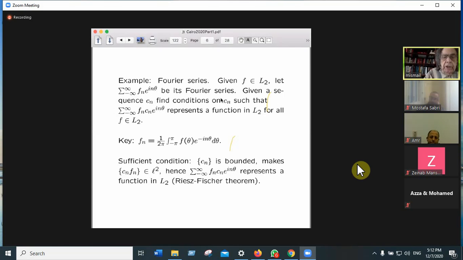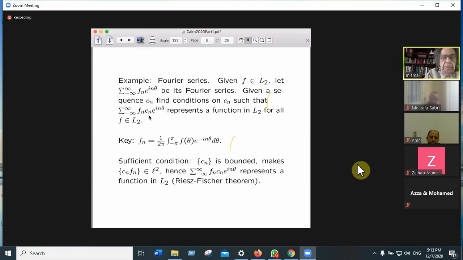In other words, I have the Fourier coefficients, I modify them by multiplying by some sequence, and then I want the new sequence to be Fourier coefficients of another function in L2. So can I describe what conditions I have on Cn?